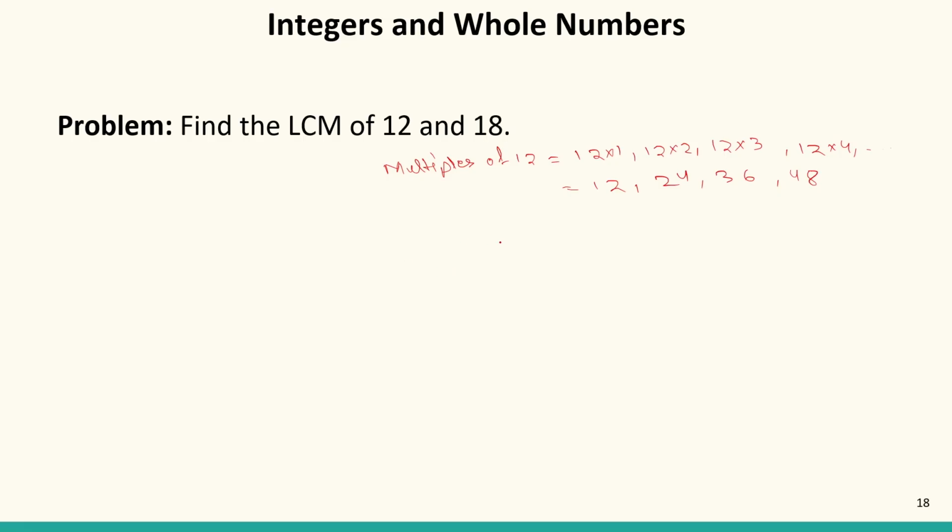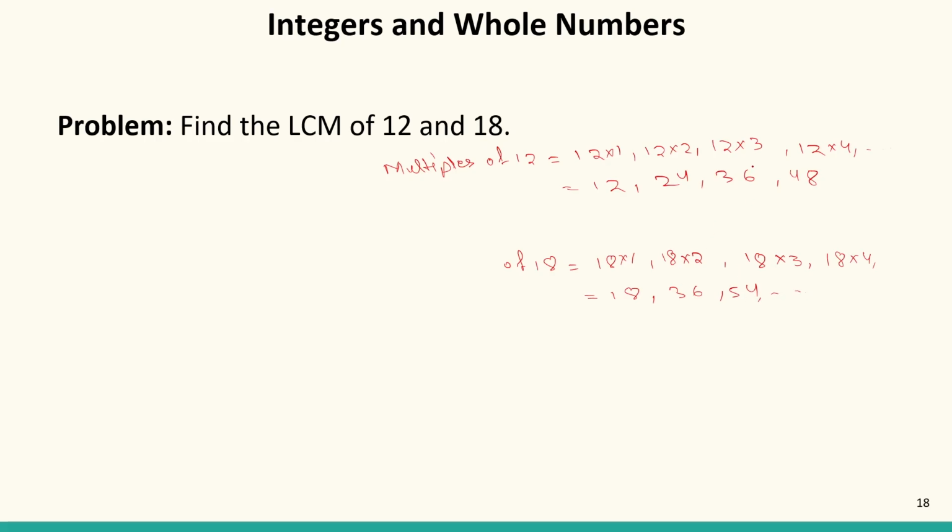And we listed the multiples of 18, that is 18 into 1, 18 into 2, 18 into 3, 18 into 4, and so on. That is equal to 18, 36, 54, and so on.